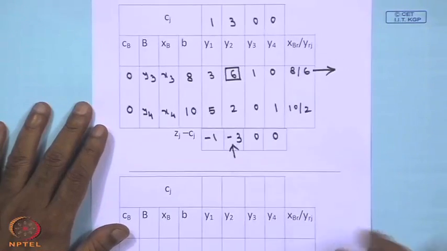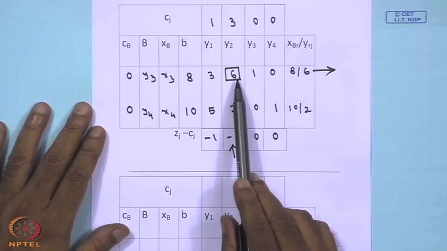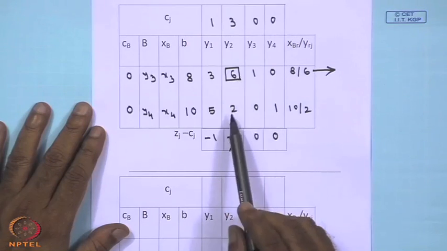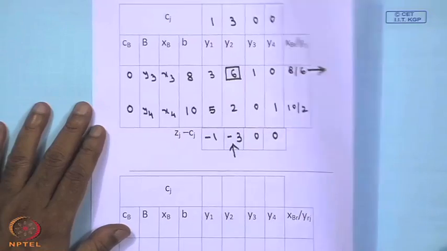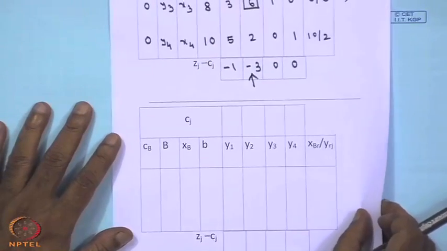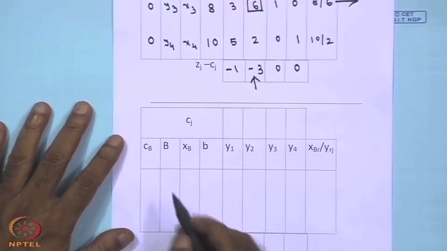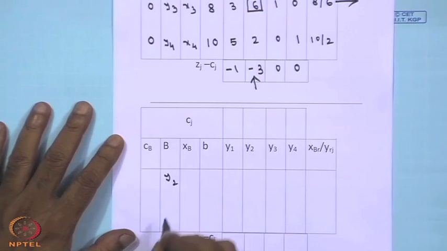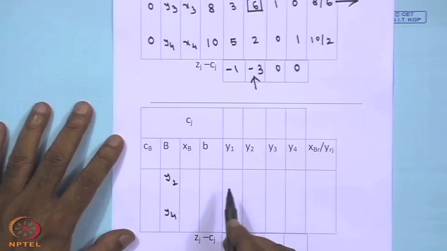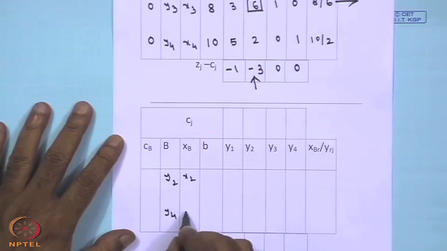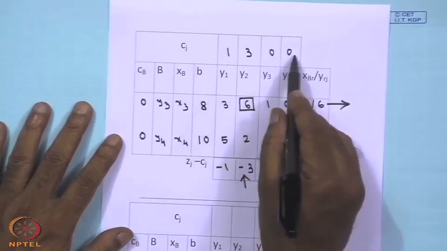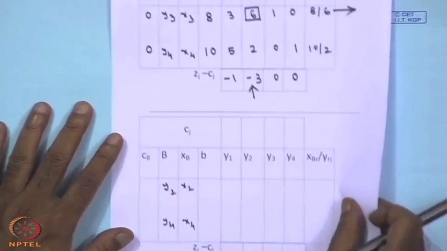So, from here now we have to make the value of this pivot element as 1 and in the subsequent row this value as 0, the necessary operations. So, I am just writing first the entering vector: y2 and y4, because your x3 is leaving and x2 is entering. So, x2 and x4 will come over here. Your value of Cj is 1, 3, 0, 0. So, we are writing 1 3 0 0.